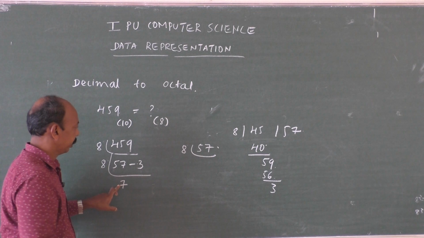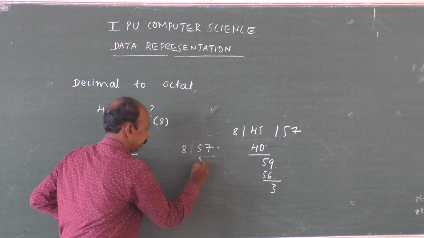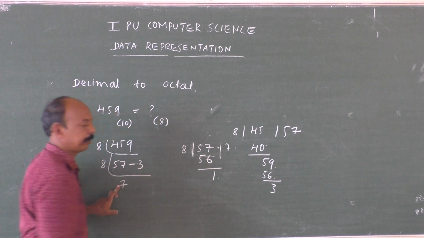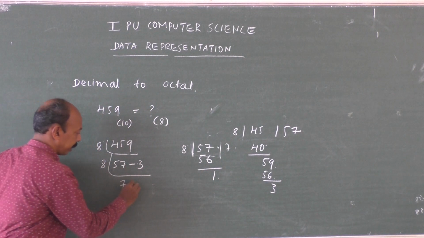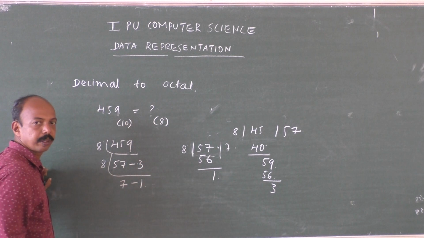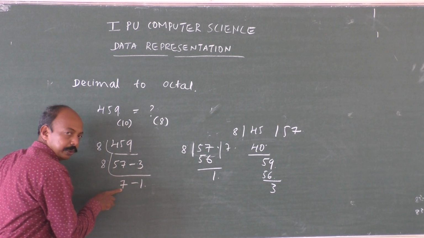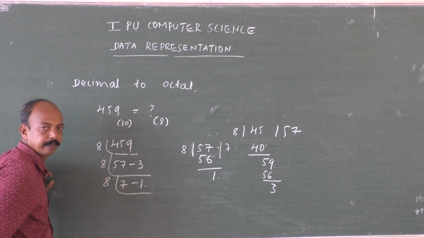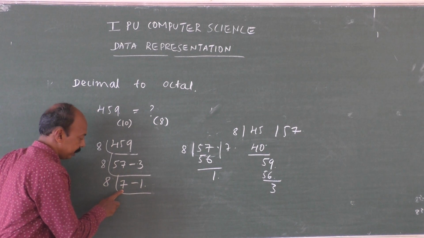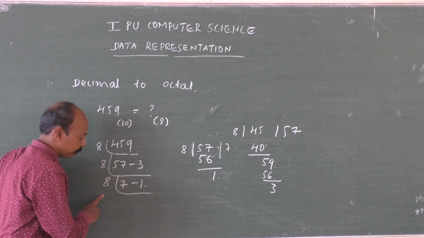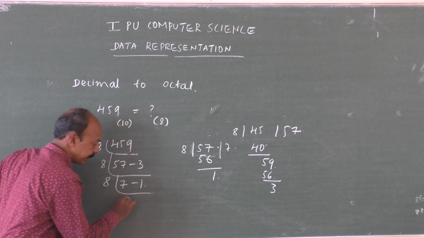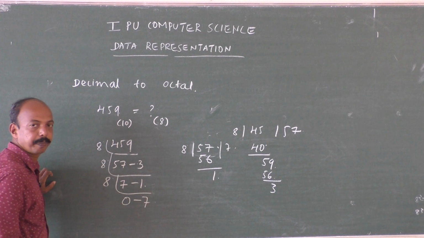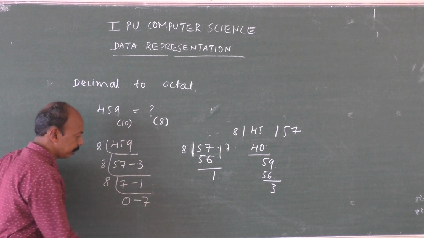So 7, so 56, remainder is 1. So write that 1 here. Whether the quotient is 0? No. So divide it once again by 8. Can we divide 7 by 8? No, it's not possible. So what is the quotient? Quotient is 0. And what is the remainder? Remainder is 7.